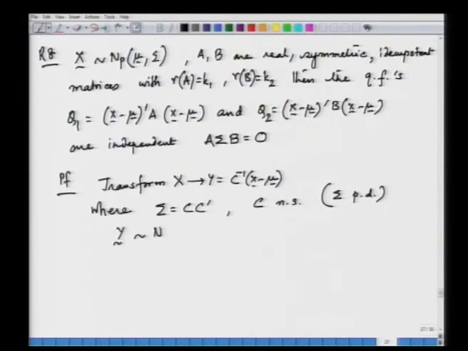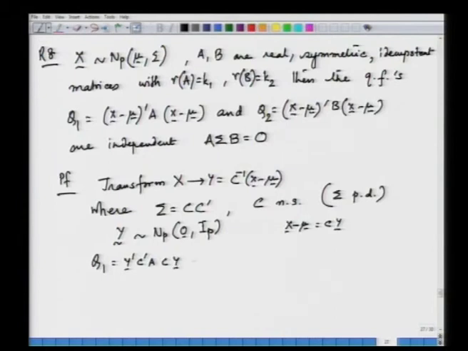Well, then y in that case follows a p-variate normal with mean vector null and identity matrix of order p as the covariance matrix. I also have x minus mu. This is basically Cy, so that the first quadratic form Q1 in terms of y and C is nothing but, well, I am using that x minus mu is Cy. So, what I have is y transpose, C transpose, then A, and for x minus mu, Cy.